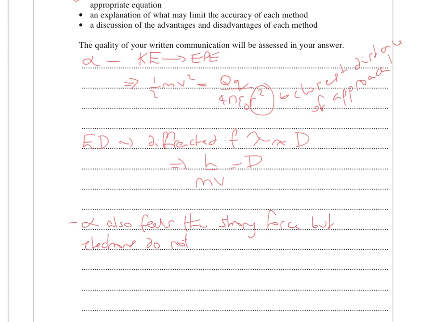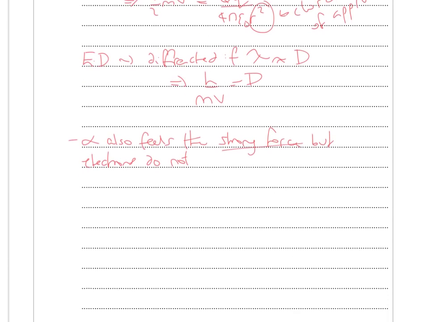So this is one advantage electron diffraction has over alpha scattering, because the strong force is essentially a source of error in your measurements there. Okay, so that I would say is actually more looking at advantages and disadvantages. So we actually want to look at what limits the accuracy of each method.